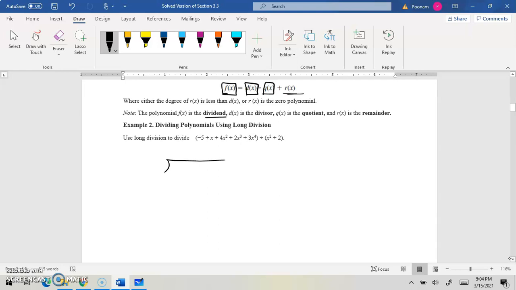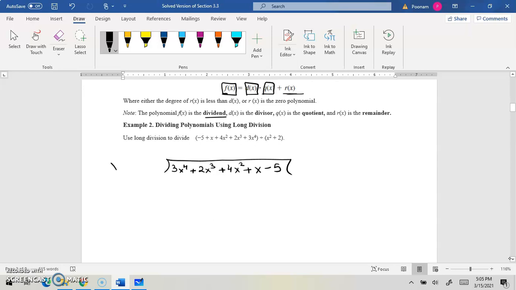So in the standard form, this polynomial will be written as 3x4 plus 2x cube plus 4x square plus x minus 5. It has to be divided by x square plus 2. And you see x term is missing.